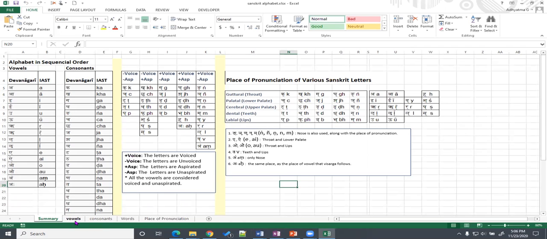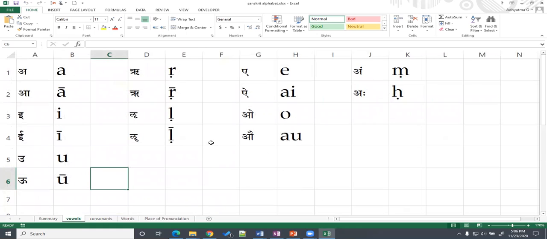And Sanskrit has a very scientific alphabet, whereby every letter, its placement in the alphabet, where it is pronounced from, whether you exhale or not while pronouncing that letter, all these things play a good part in Sandhi as well as other Sanskrit rules. So we'll see the vowels.